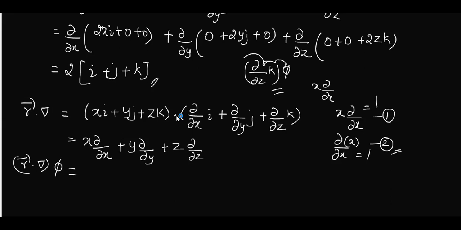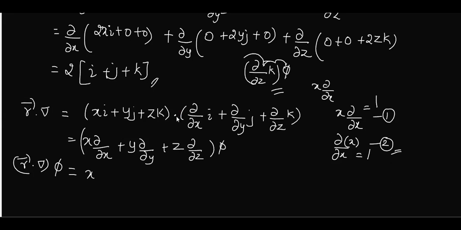So suppose this is my r dot del. If I take a phi, where will that phi be? If I take it inside, I'll write it in a direct step. This is my r dot del, and I'm taking phi on this. It is going to be for all the terms.